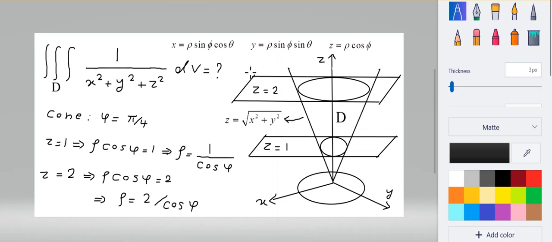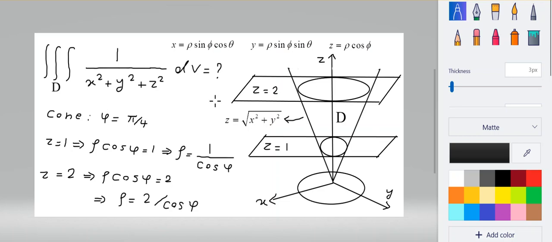So in the equivalent integral with respect to rho phi theta, we use the description of D using rho phi theta for our integration.